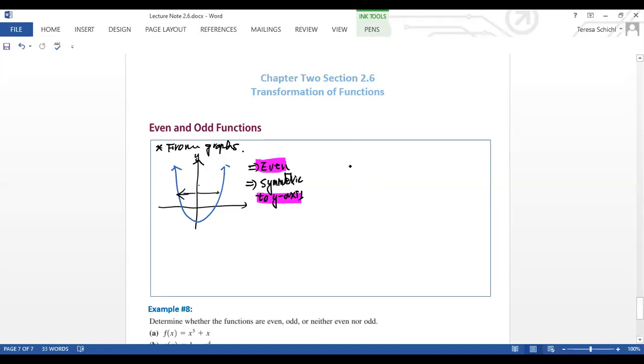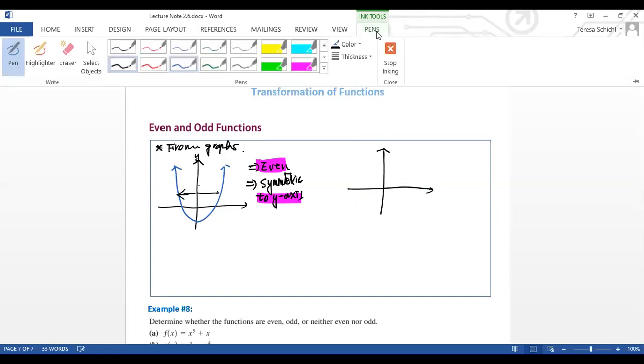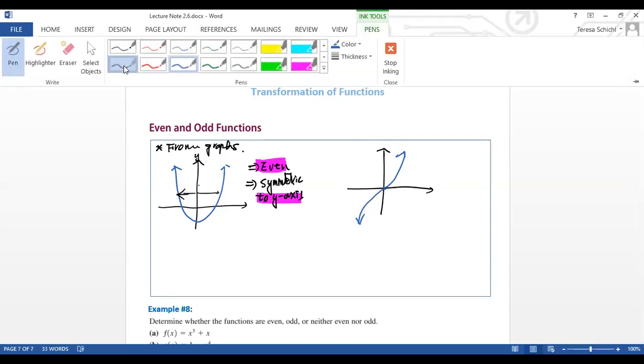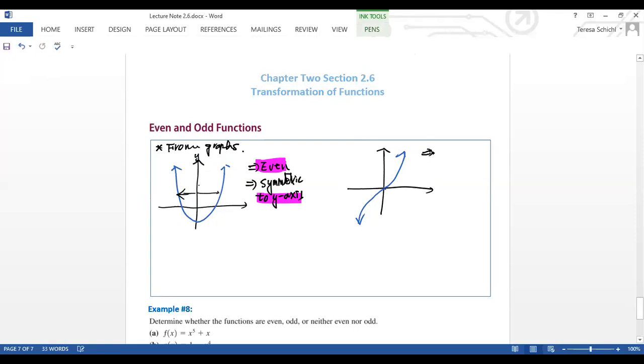Now the next one is this type of function. We call it an odd function. If I have a function that goes like this, we say this is an odd function by looking at the graph. Why?